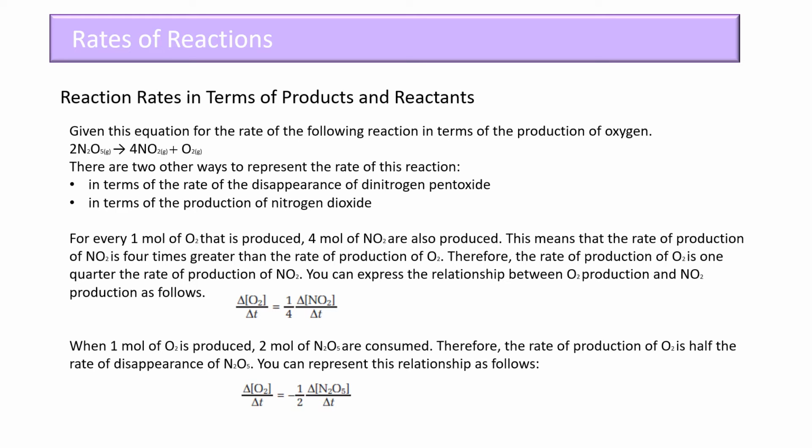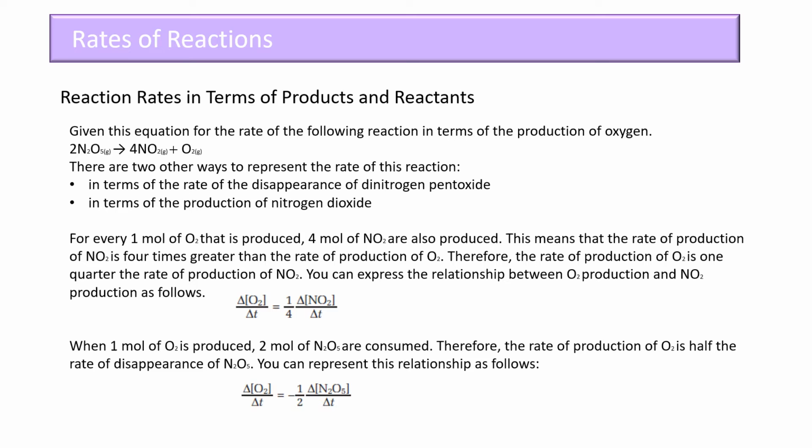For every 1 mole of oxygen that is produced, 4 mole of nitrogen dioxide are also produced. This means that the rate of production of nitrogen dioxide is 4 times greater than the rate of production of oxygen. Therefore, the rate of production of oxygen is 1/4 the rate of production of nitrogen dioxide.